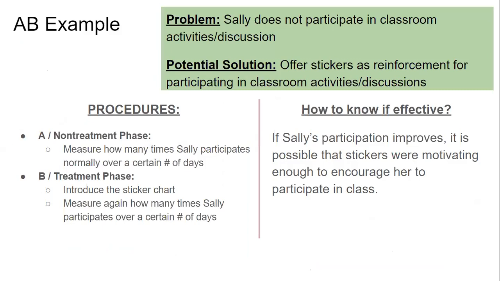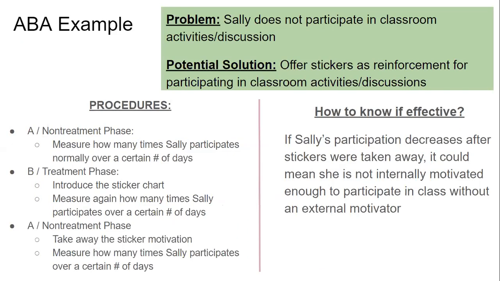Putting that to work, here's an example of AB with our previous problem. In the baseline phase, measure how many times Sally participates normally over a certain number of days. In the treatment phase, introduce the sticker chart and measure again how many times Sally participates. It's effective if Sally's participation improves, then it's possible that the stickers were motivating enough to encourage her to participate in class.